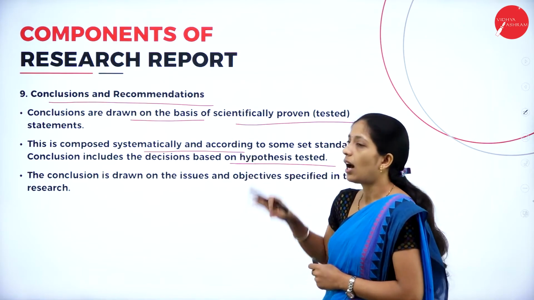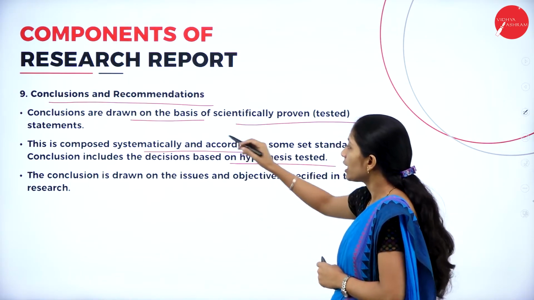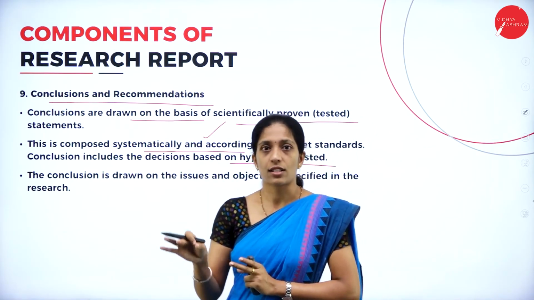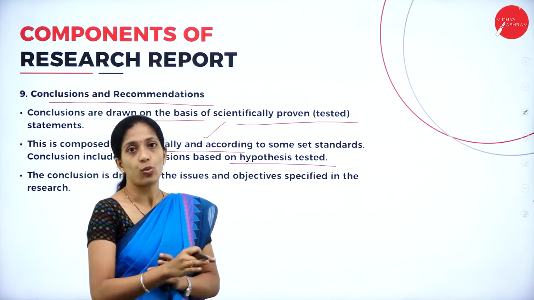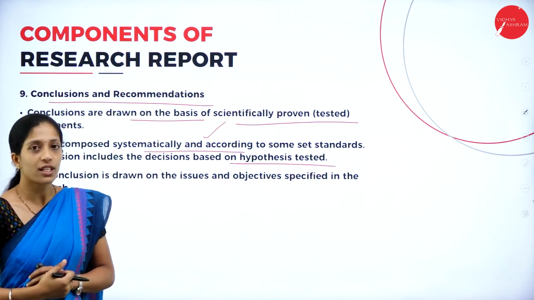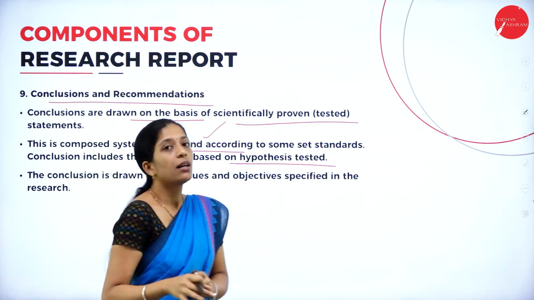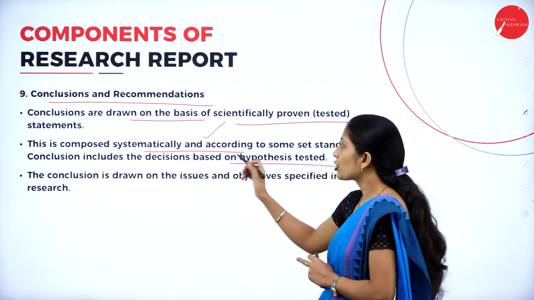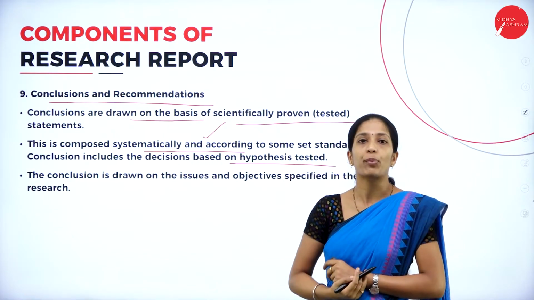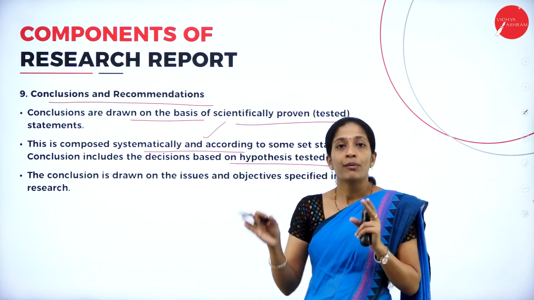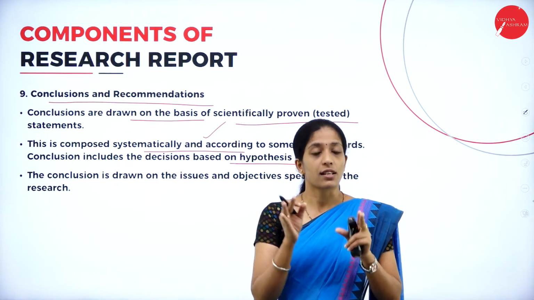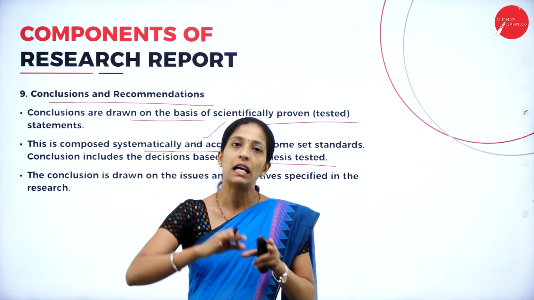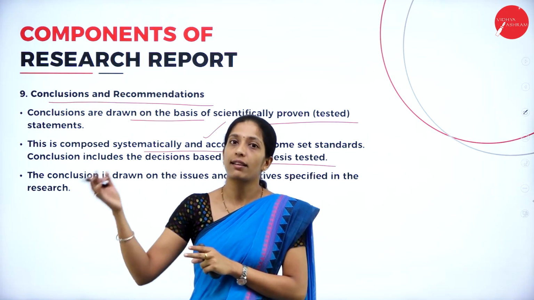Here, how they are going to give the conclusions should be in a systematic manner, and according to the set standards. The standards having been set in advance, accordingly the conclusions have to be given. And it should be in such a way that it is based on the decisions of hypothesis testing. We know that before conducting the research work, the researcher will create some hypothesis or make some assumptions about the result he is going to get in the future.